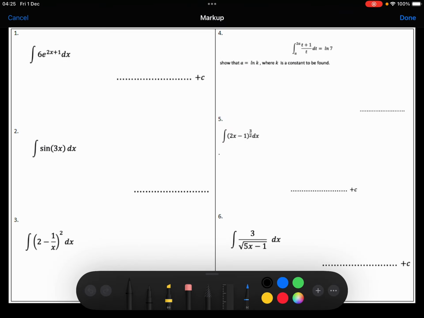First question. We're integrating 6e to the 2x plus 1. We know that e to the 2x plus 1 is going to integrate to be e to the 2x plus 1.